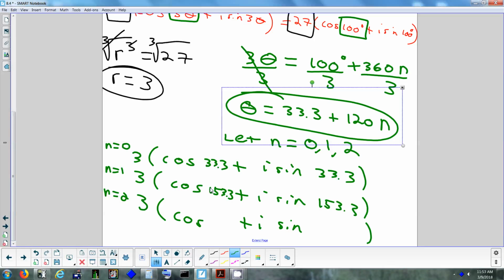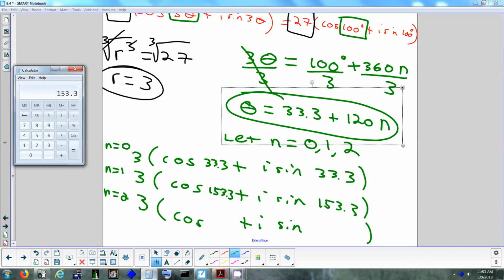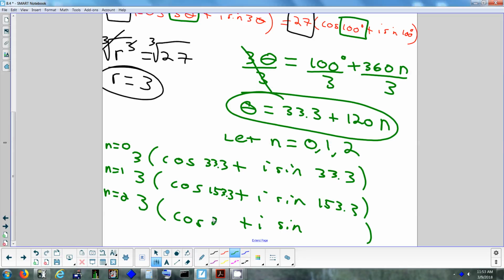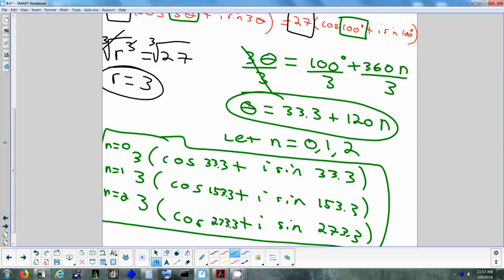What's the last number I said to let n equal? 2. What's 120 times 2? 240, plus 33.3 is 273.3. Those are my answers.